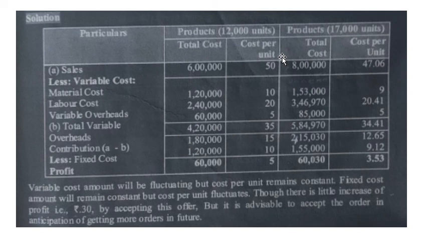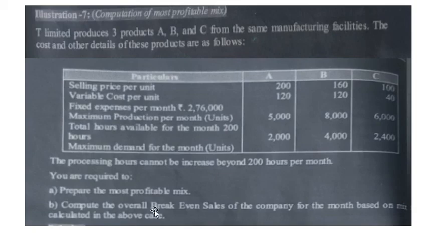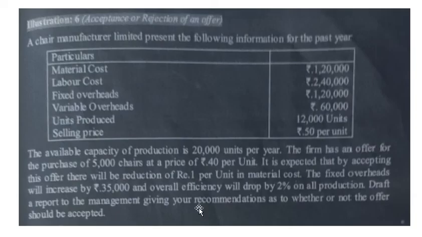The cost per unit for material cost is 10, and as per the adjustment, if the proposal is accepted, this offer, there will be a reduction of rupees 1 per unit in material cost.